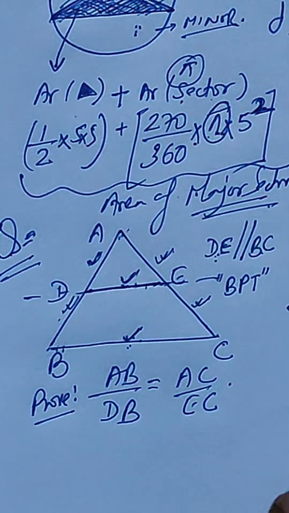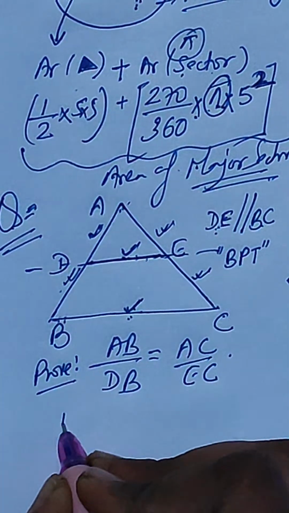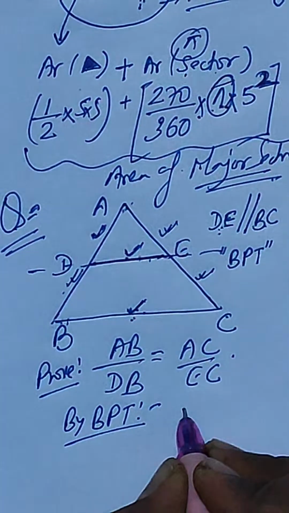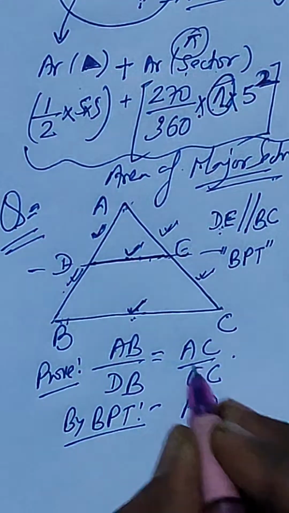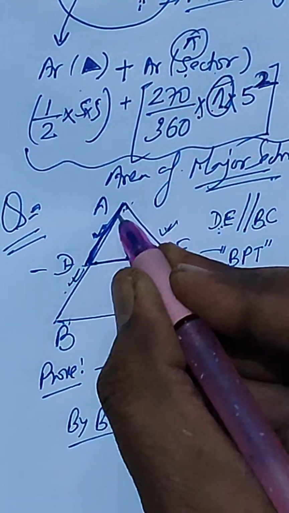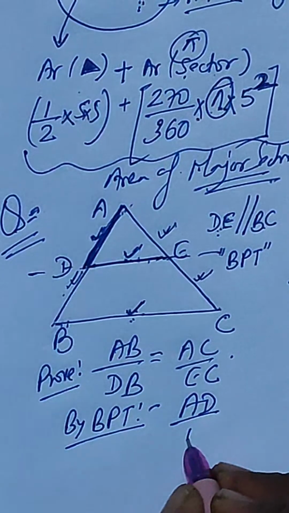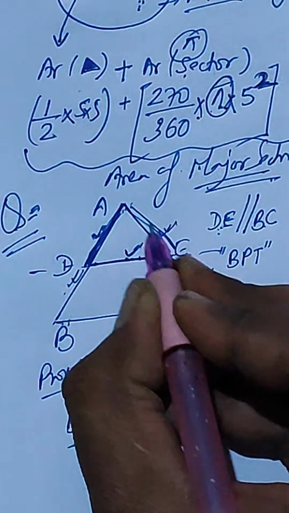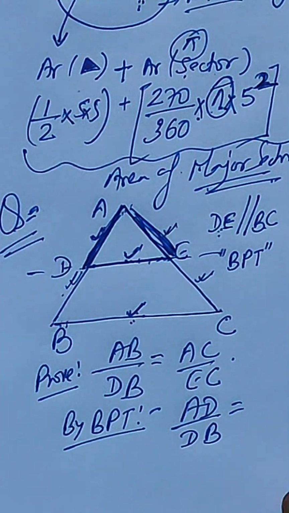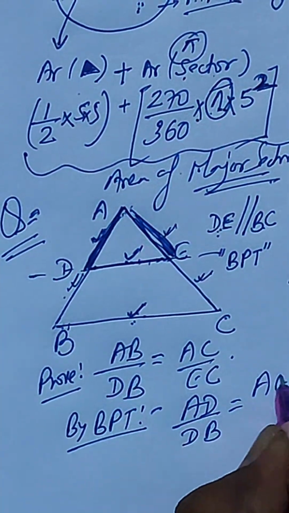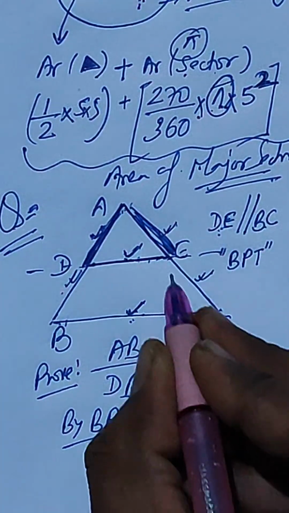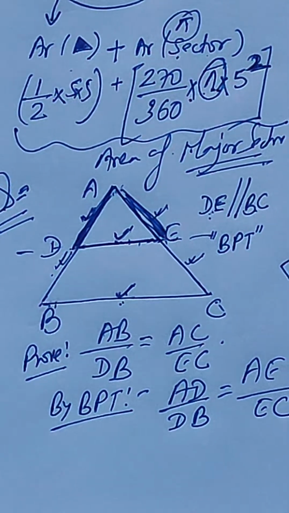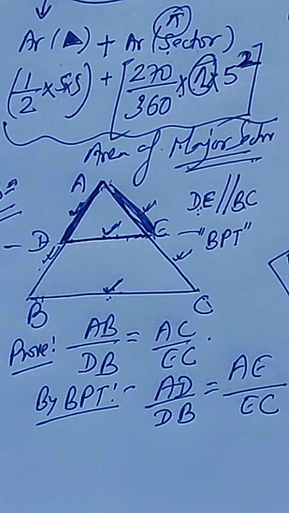So as per the basic proportionality, by BPT we can write AD by DB will be equal to AE by EC, right? This can be written, right?